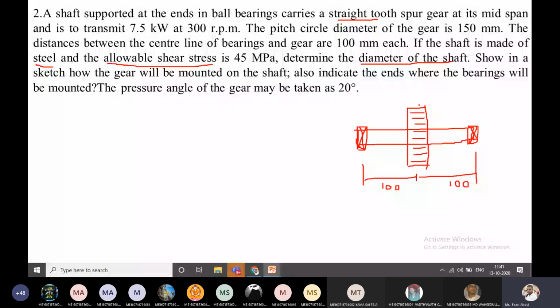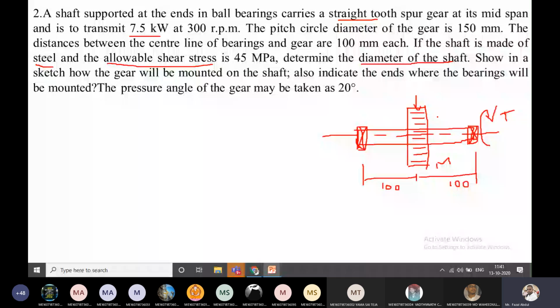So this type of problem is solved with the help of a combination of torque and bending moment. With the combination of bending moment and torque, what relations are there? There are two relations: one according to the maximum principal stress theory, another according to the shear stress theory.